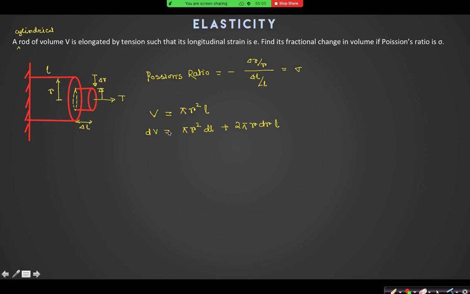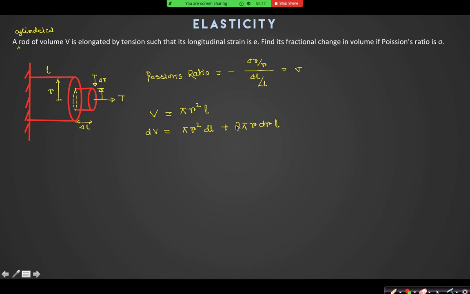So dV is the change in that volume, but actually it is the fractional change in volume that you have to find. So actually here the volume is changing. If you understand, fractional change in volume you have to find. Right?